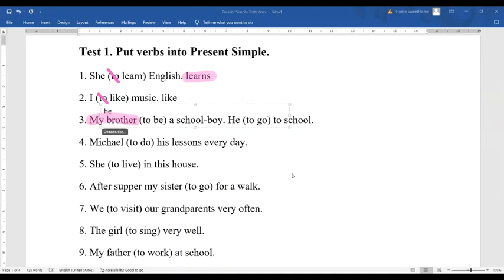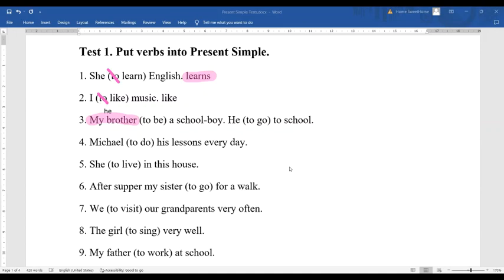Okay. So now we know that my brother, if we change it to a pronoun, we have he, right? My mother, if we change it to a pronoun, we have, yes, of course, she. My cat, without knowing the gender of the animal, if we change it to a pronoun, we get it, right?